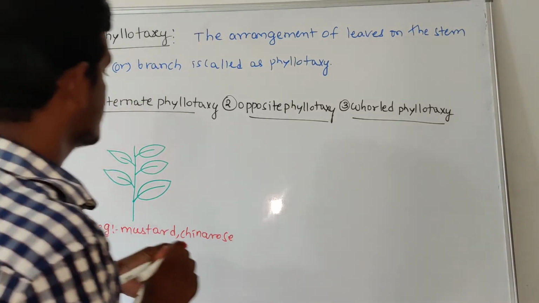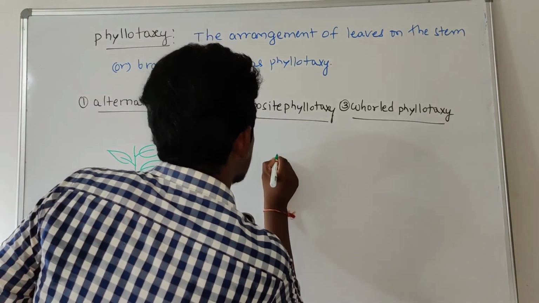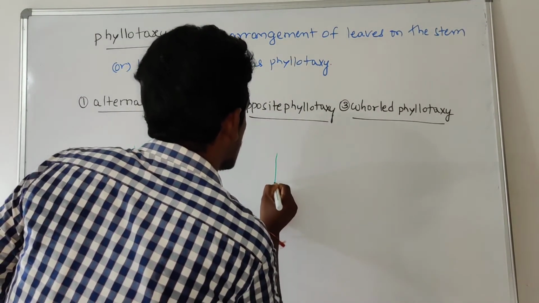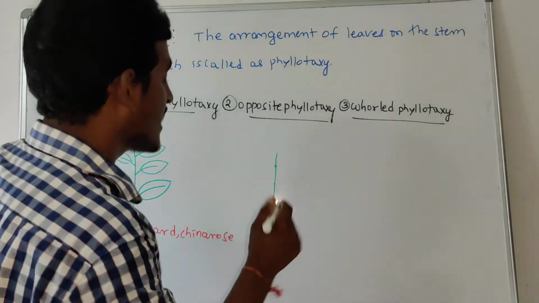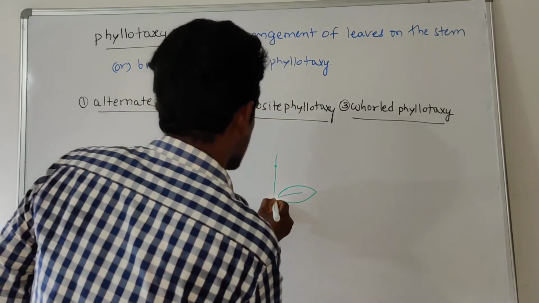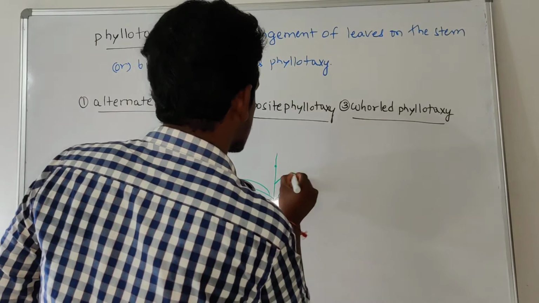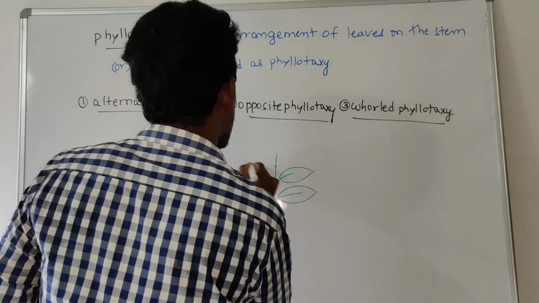So next phyllotaxy is opposite phyllotaxy. In opposite phyllotaxy, it is a stem. Here it has nodes. At every node, it will produce a pair of leaves in opposite direction. So these are the two leaves, present in opposite direction.